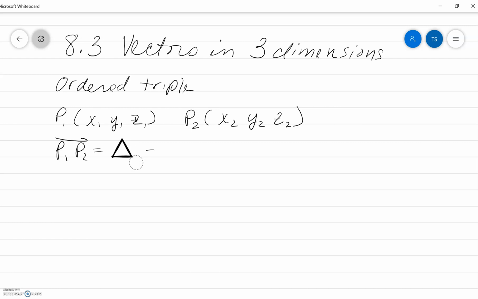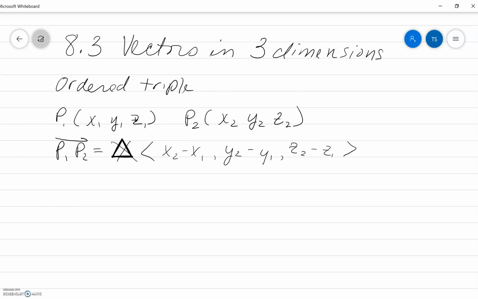x2 minus x1, comma, y2 minus y1, comma, z2 minus z1. Ignore this triangle, it does not belong there.